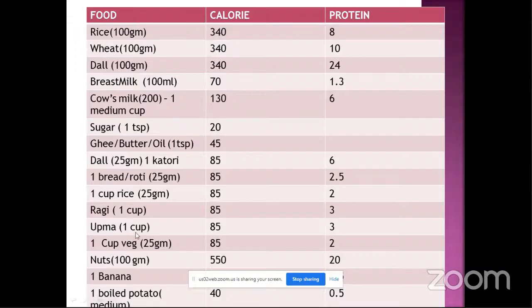And ragi and upma are going to have the same kilocalorie and the same protein. It's very easy: again 85 kilocalorie for both, and the protein will be 3.